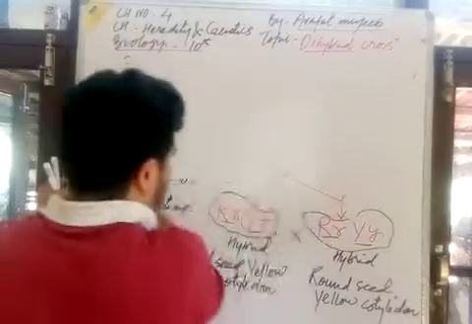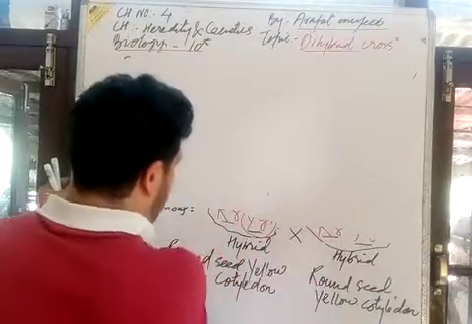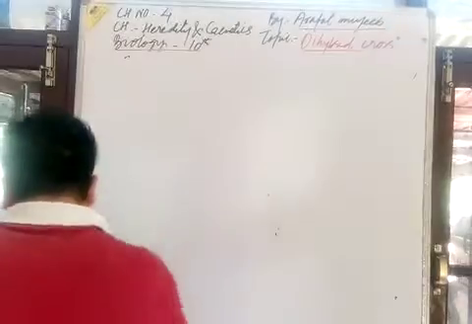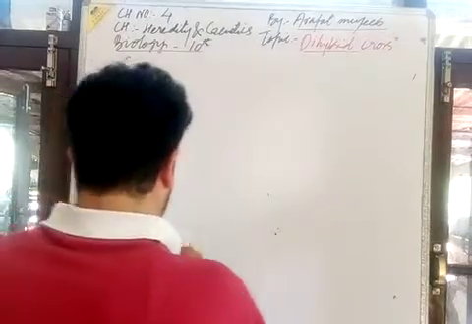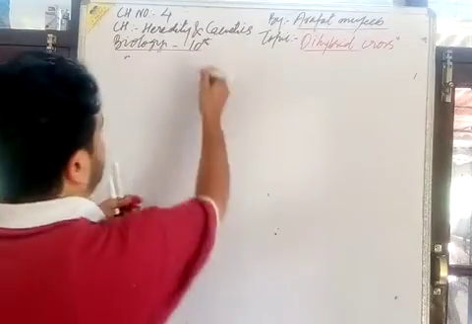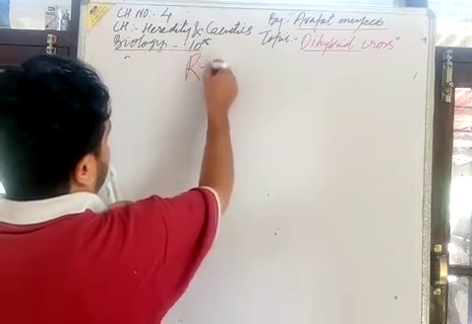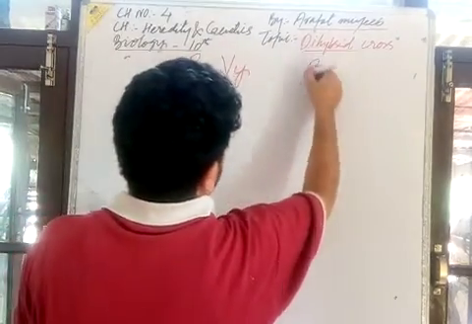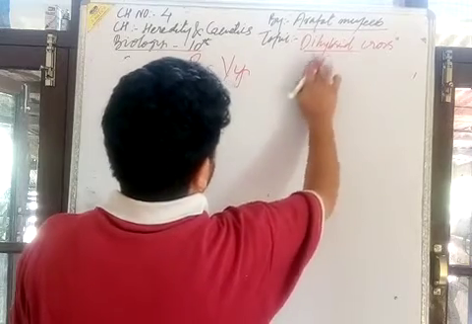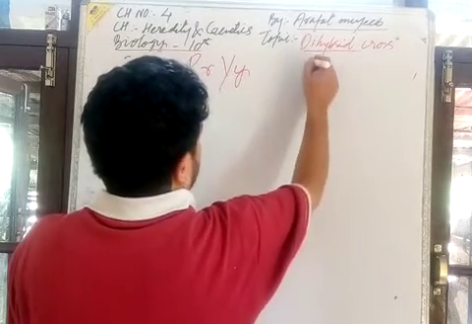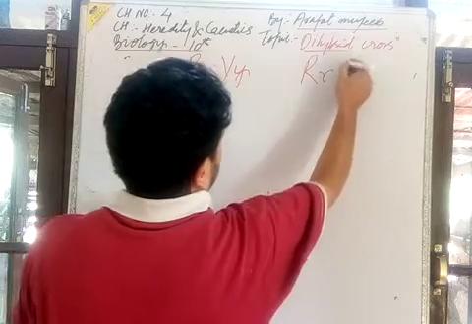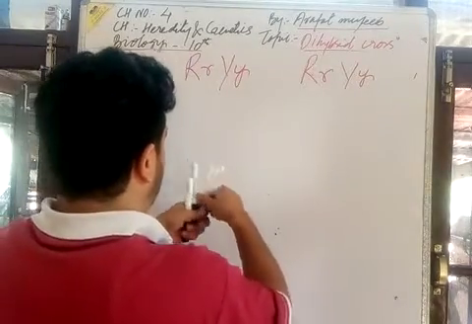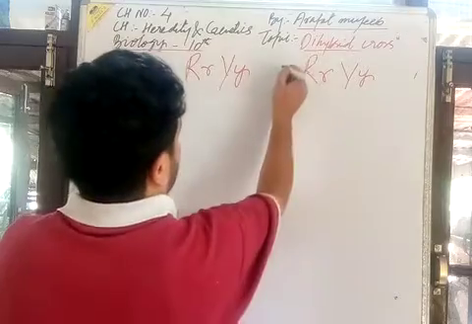Pay attention here. What did we see here? In the first filial generation, what offspring did we get? We get offspring with capital R small r, capital Y small y. Here the other plant is also capital R small r. Let us write it in a simple way: capital R small r, capital Y small y. When we have a cross, now we have a cross between the two.